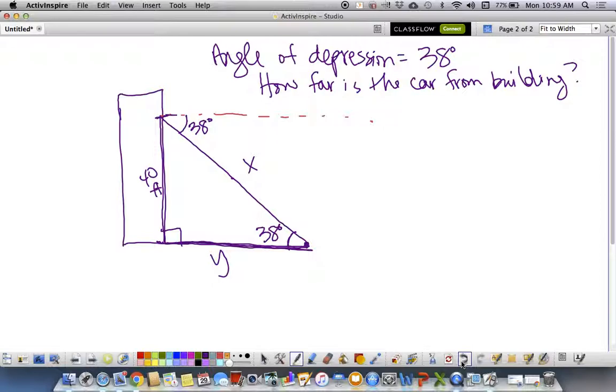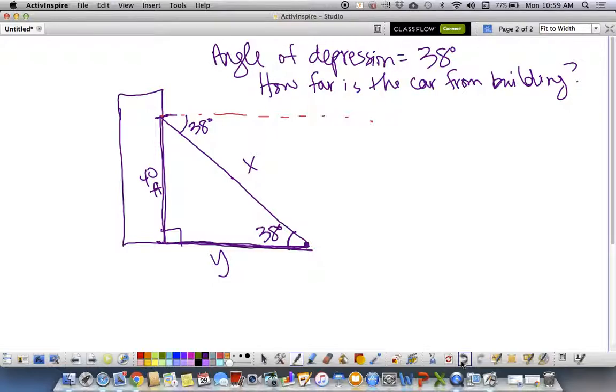Which trig function? I would like to call on Anderson, which trig function? I don't want to say your name first, because then everybody else stops thinking. Which trig function do we need to use to find the value of Y?